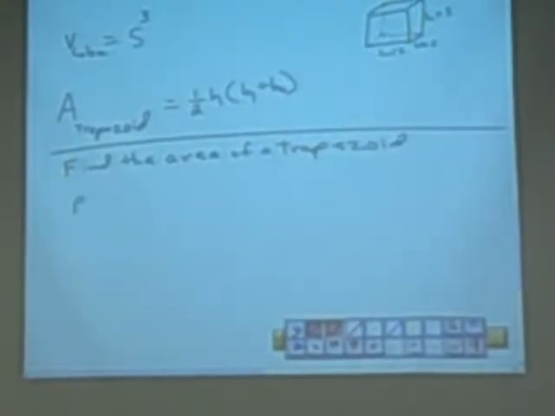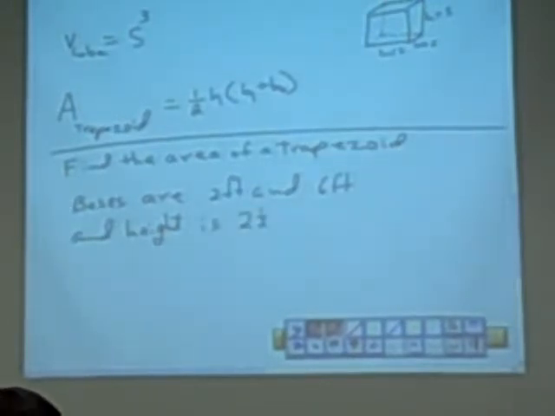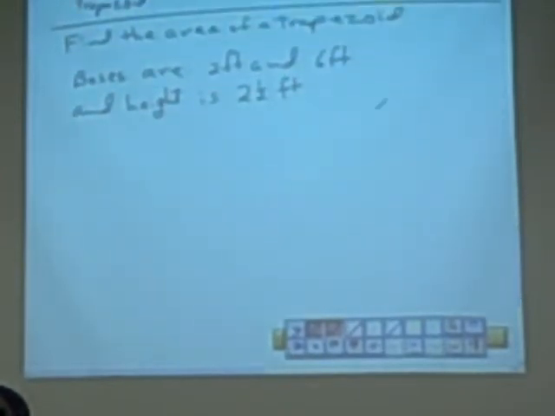Where the bases are 2 feet and 6 feet, and the height is 2 1/2 feet. Okay, so it helps to draw a picture of a trapezoid.